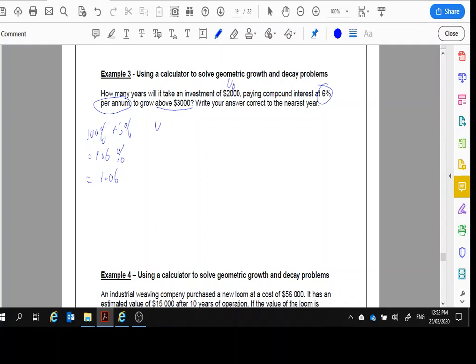So we can get our rule, V of n equals 1.06 to the power of n times $2,000. We want this to be 3,000. 1.06 to the power of n times $2,000. So we might as well do solve on this one for n. How many years does it take? 6.958. Therefore, it's going to take 7 years. Don't leave it at 6.98.